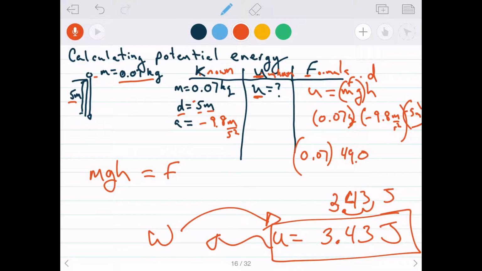After it drops, force times distance, which the force in this case is the weight, which is mg. So we're going to notice that work is done while it's dropping, and potential energy is the potential it has to do that work. Okay?